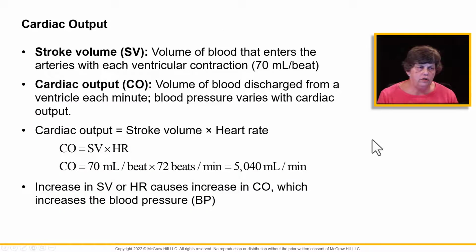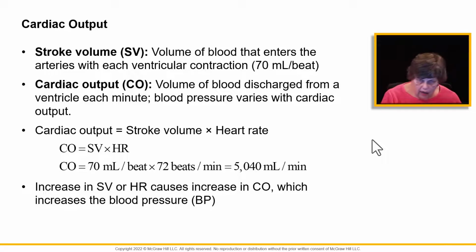Okay, so cardiac output is the volume of blood that's being discharged from a ventricle each minute. It is equal to the stroke volume, which is the volume of blood that enters the arteries with each ventricular contraction.